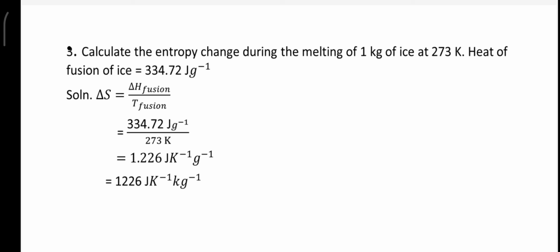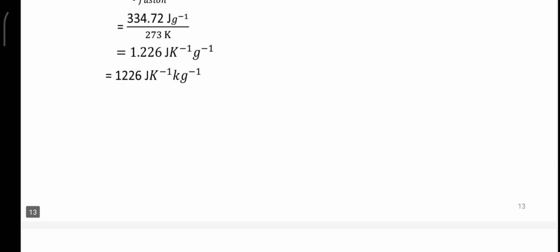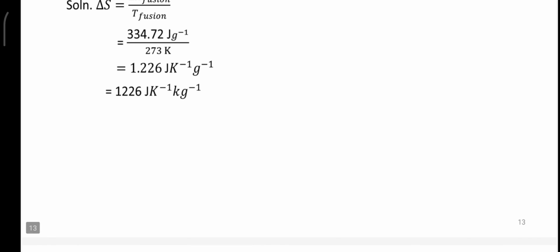So the value of delta H fusion is 334.72 joules per gram, and the temperature is 273. When you substitute this, you get the answer 1226 joules per Kelvin per kg. So this is another example for phase transformations. With this I conclude today's session.